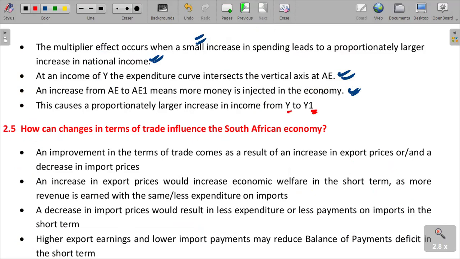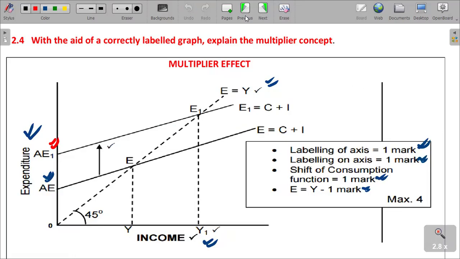As we have seen, our axes are labeled in that regard. Wherever it cuts Y, we have to look down and find that that is the income that is made.